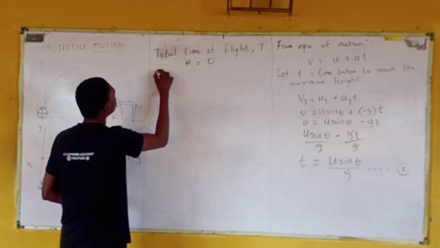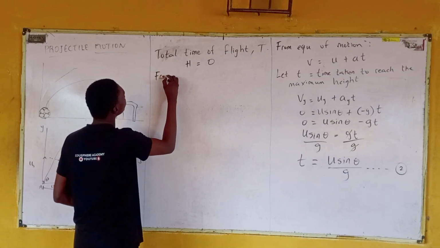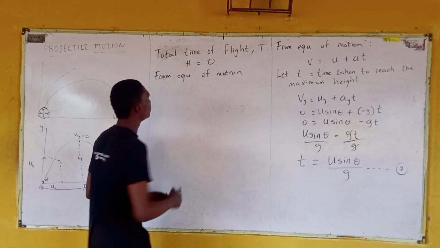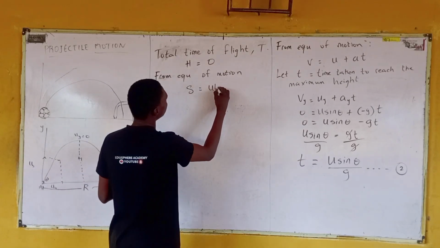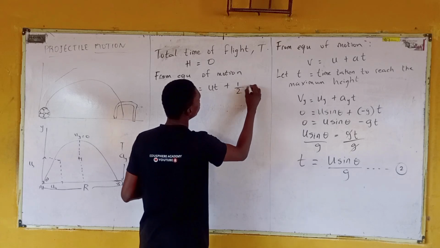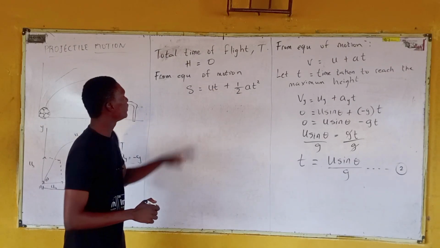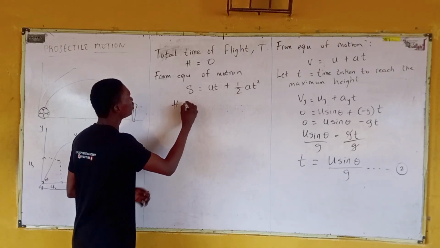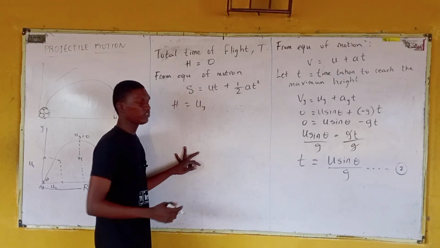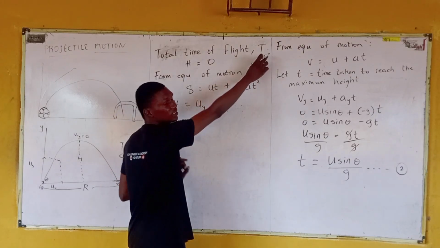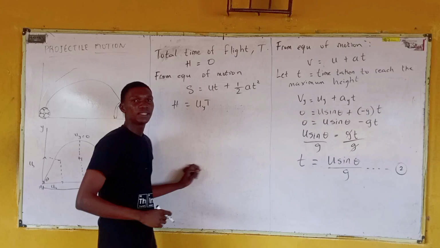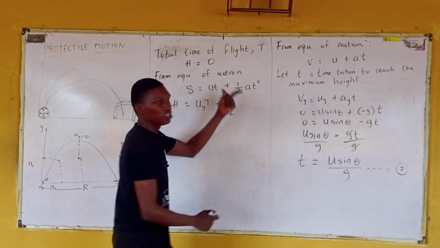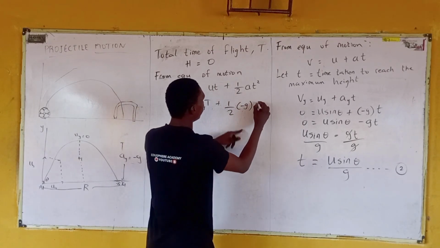Now, from the equation of motion that says S is equal to ut plus 1 over 2 at squared, for projectile motion, H is equal to U on our vertical axis, then our t we replace with the total time of flight, the capital letter T, plus 1 over 2, then our a, which is minus g, then T squared.